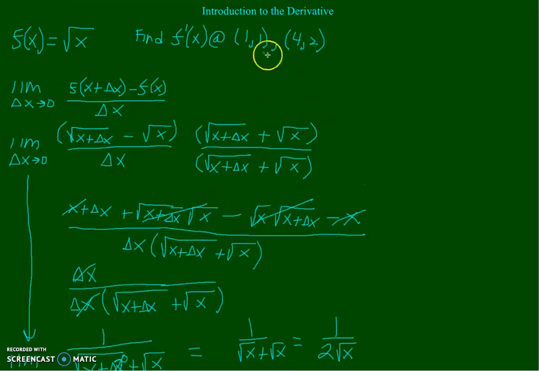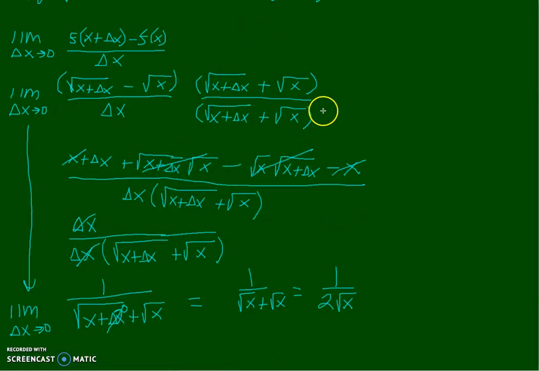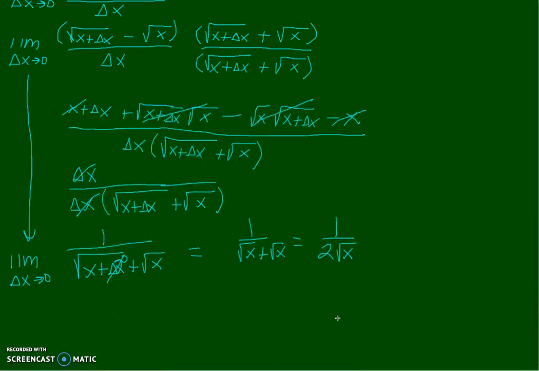Now, we're looking for the derivative at 1, 1. So we're going to substitute a 1 in for x here, and so at 1, 1, 1 over 2 times the square root of 1 is just 1/2.